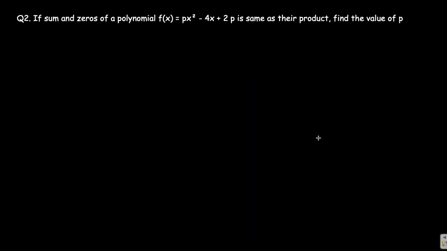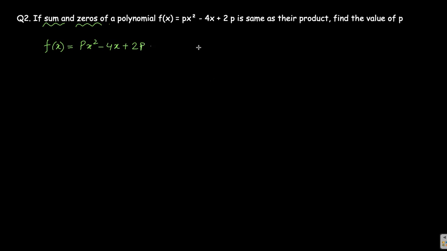Now the next question: if the sum of zeros of the polynomial f(x) equal to px square minus 4x plus 2p is the same as their product, find the value of p. First we write down the function f(x) equal to px square minus 4x plus 2p.